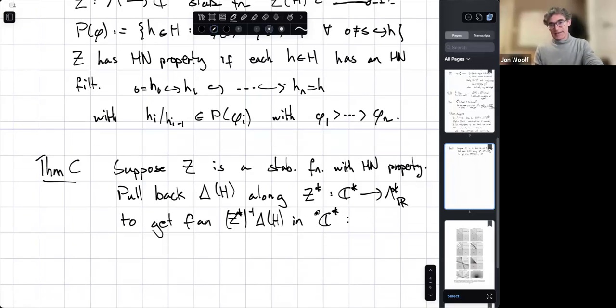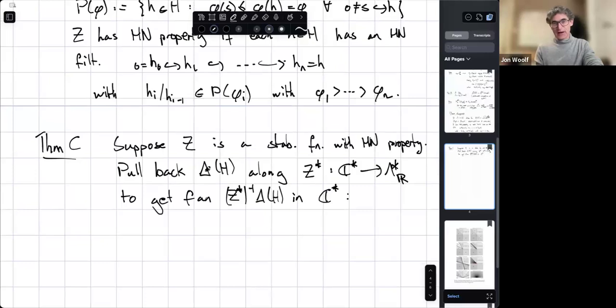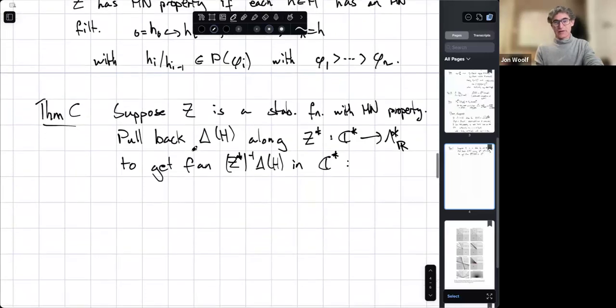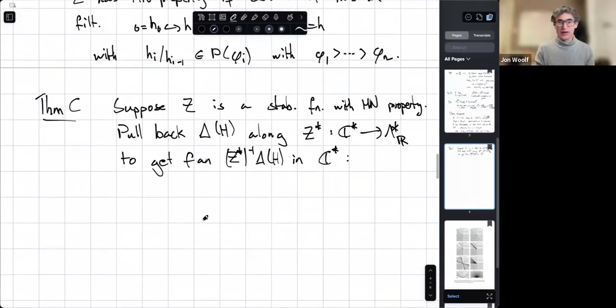And the point is, this is essentially the phase diagram of this stability function. So what I mean by that is, here's a picture of C star. I'm going to choose a kind of rotated basis. So the imaginary part of your complex number is the first basis vector, and minus the real part is the second one.